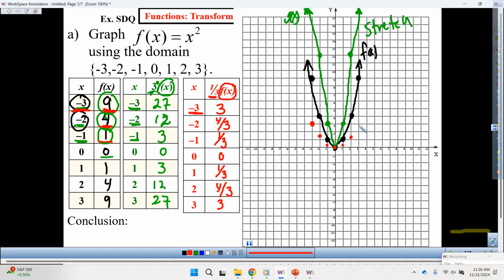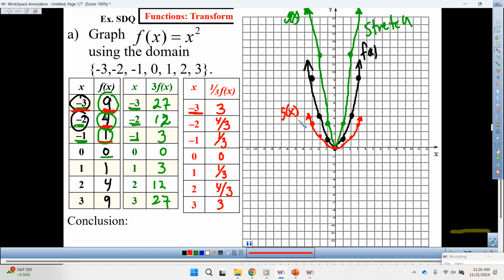And 3, 3. All right. Oh, and we label this one g of x.